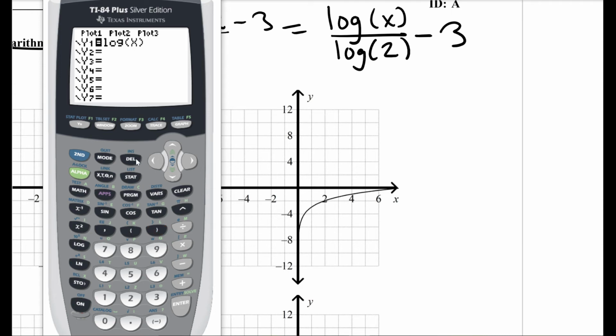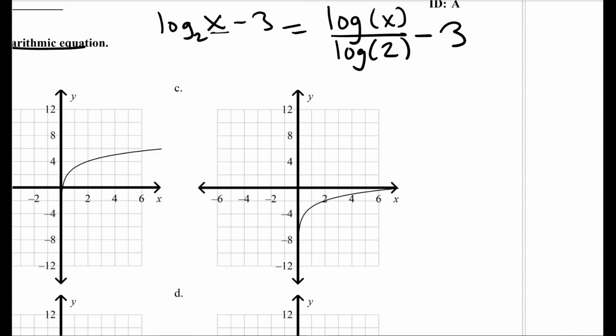Divided by log of 2, and then minus 3. You can go ahead and graph it. And there's our function.